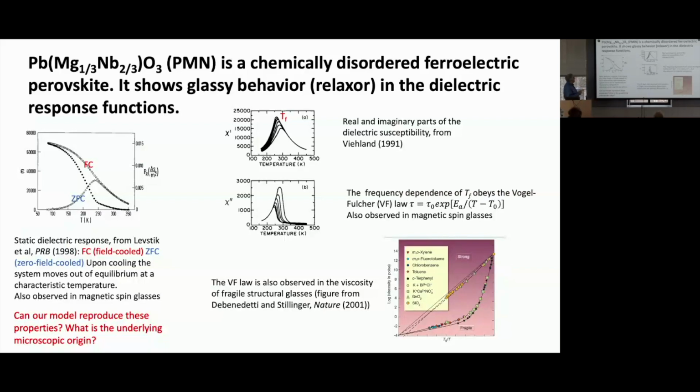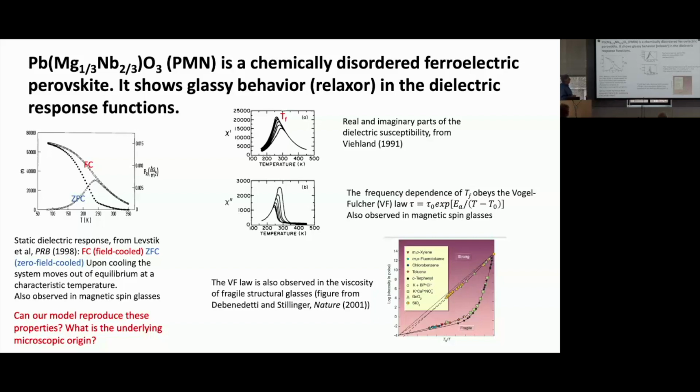That is a perovskite structure, but there is chemical disorder due to the fact that this B site is occupied on average by 1/3 magnesium and 2/3 niobium. And because of the chemical disorder, there is glassy behavior in the dielectric response function.